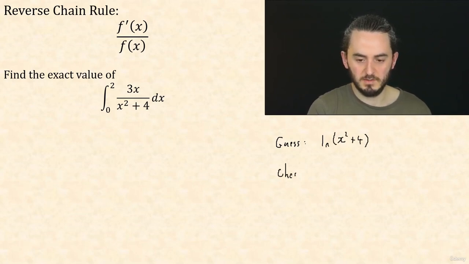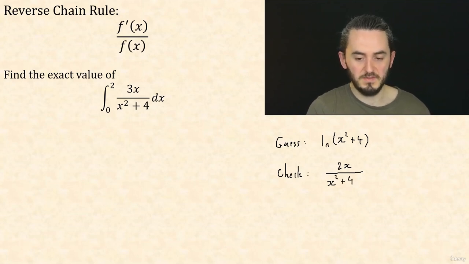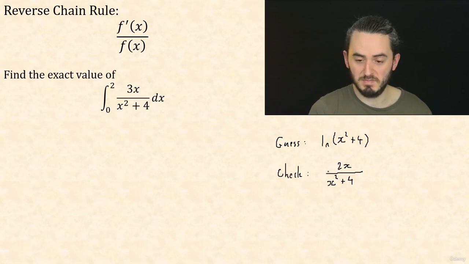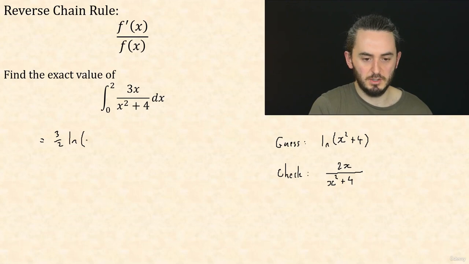And when I check, I see that I get the derivative of this function, 2x, over x squared plus 4. Okay, so I wanted a 3 there, but I've got a 2, so I better make things 1.5 times as big, 3 over 2 times bigger to increase that up to 3. So my answer then is just going to be 3 over 2 times ln of x squared plus 4.